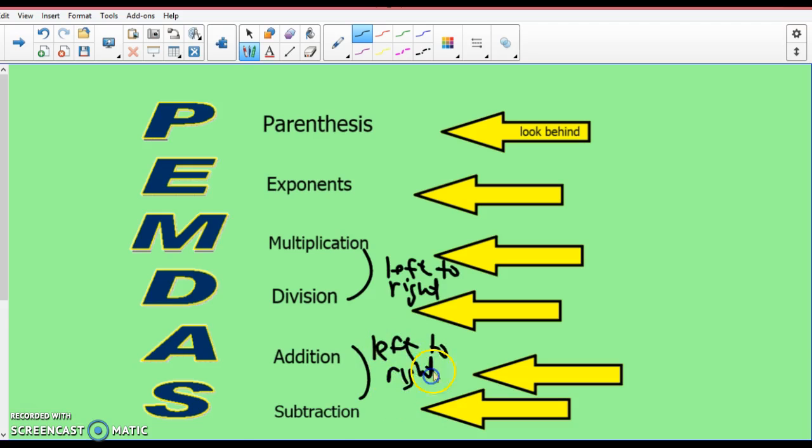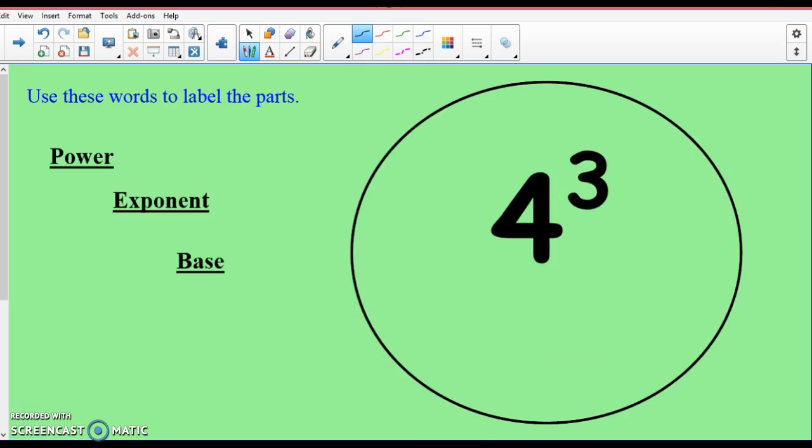Now, this is important, and I want you to add this to your notes. Okay? What is this 4 called? Who knows what 4 is called? 4 is the base.